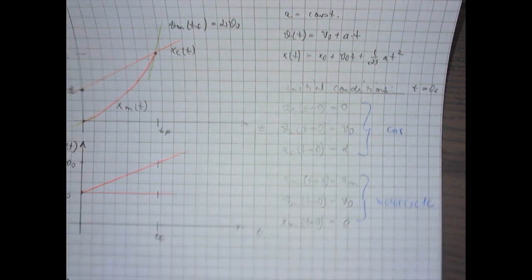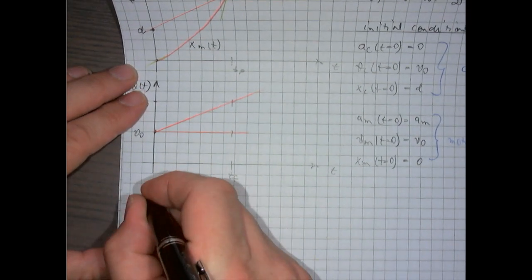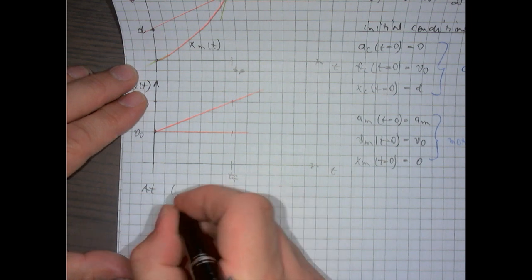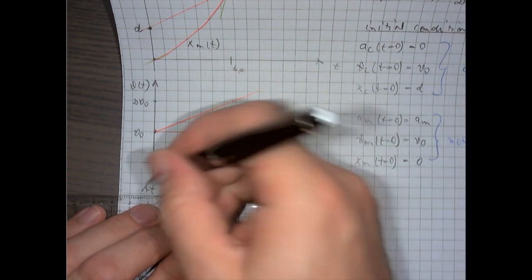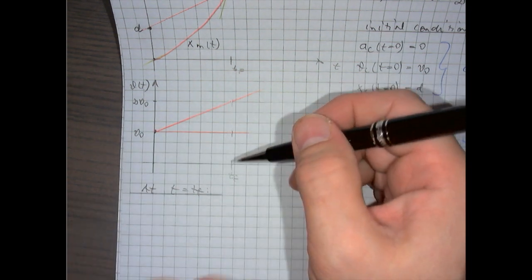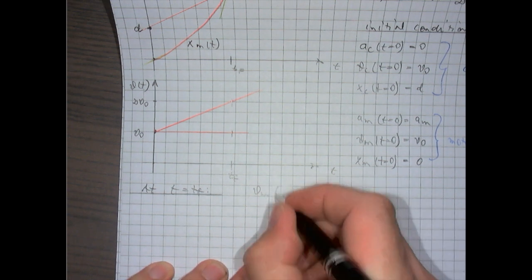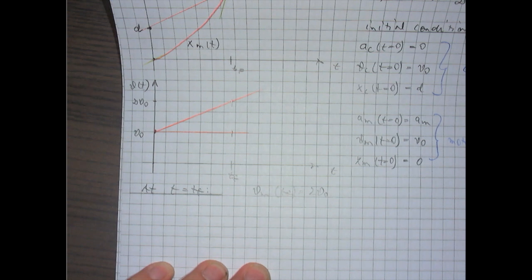So now there's an additional condition to be fulfilled, namely, besides the conditions at t equals 0, at t equals t_f. There are two additional conditions that need to be fulfilled. Number one, the velocity of the motorcycle at t_f equals 2 v0, namely twice the initial velocity.